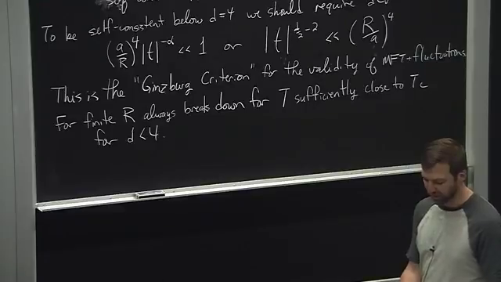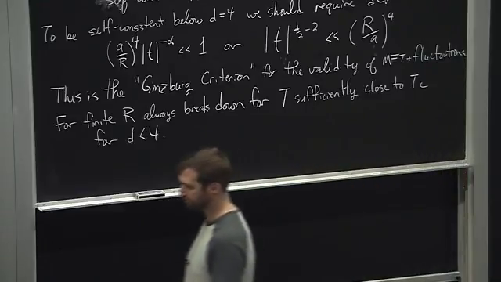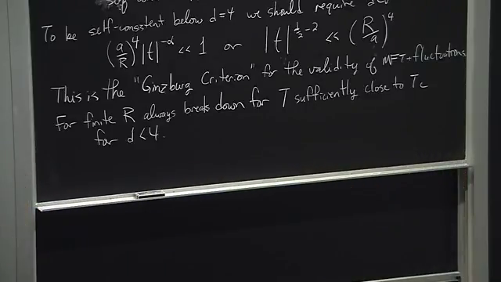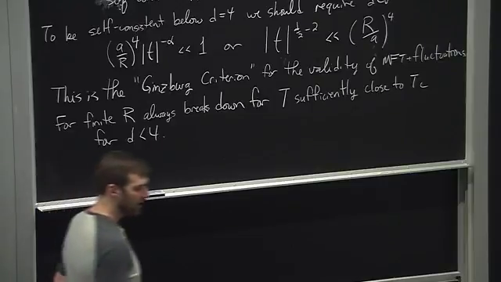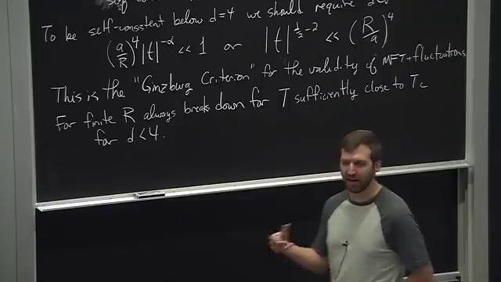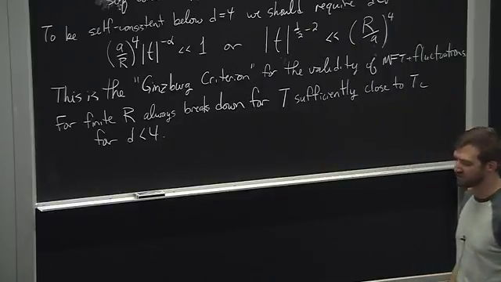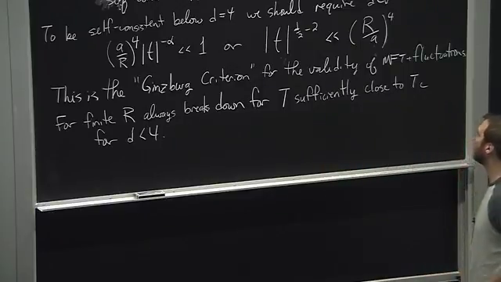And this breakdown, again, is due to, I guess, long distance properties, or divergence of, say, the correlation length. So in order to understand how to correct the theory, we should be focusing on long distance properties.